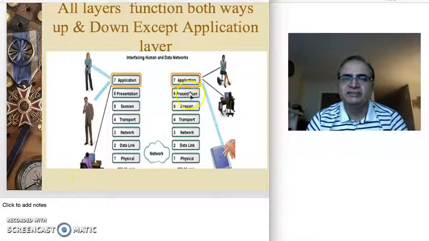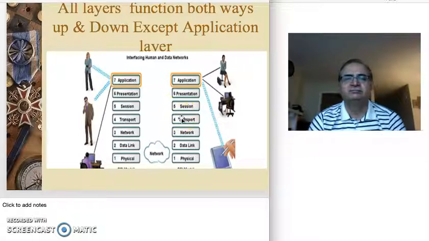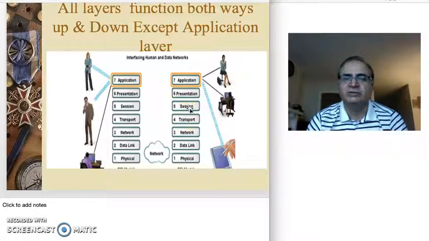It decides the coding and encryption type on this layer. The next layer is the session layer. The session layer handles the setting up of a session between 2 points, and it will be full duplex, meaning both-way communication, or one-way communication. These decisions are made on the session layer.